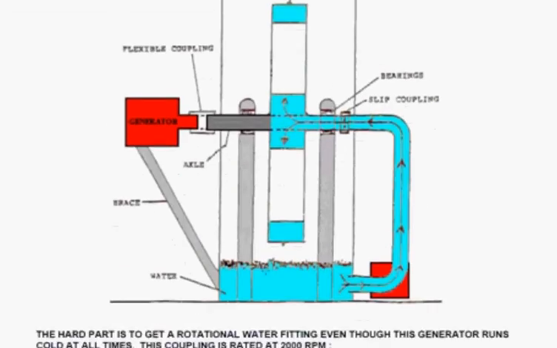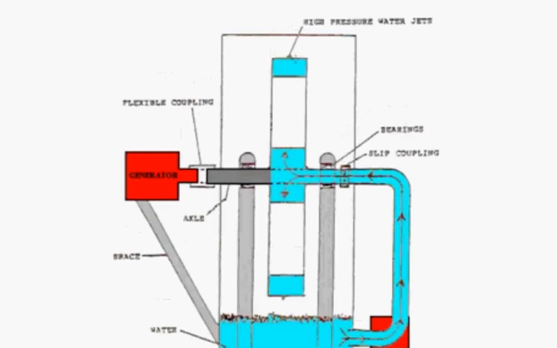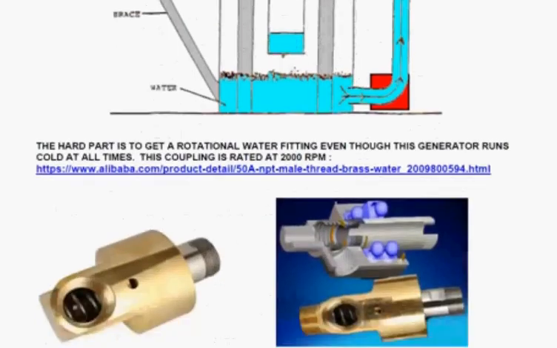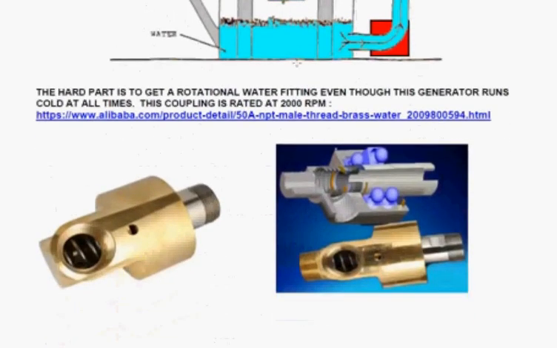What happens is the water is taken from the sump, pushed round, or pulled round rather, by the suction inside the disc, and the disc gets the water pushed out through the nozzles at the edge.